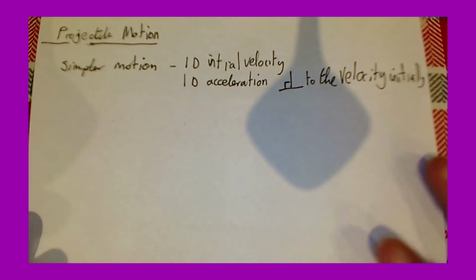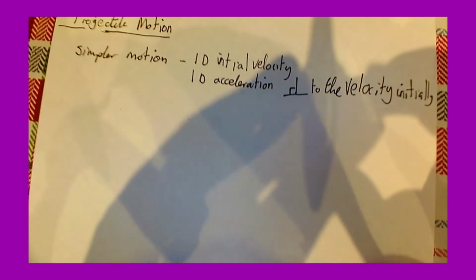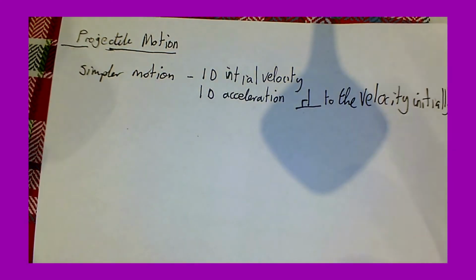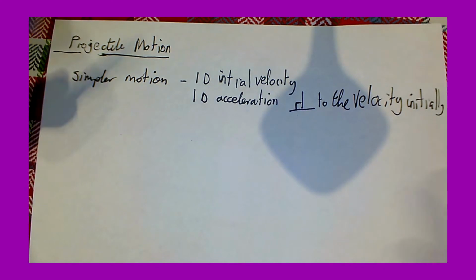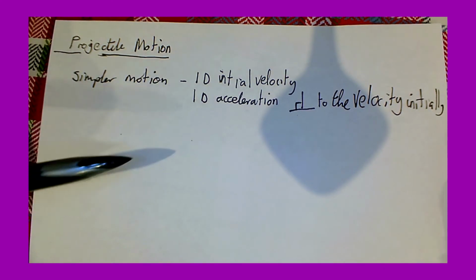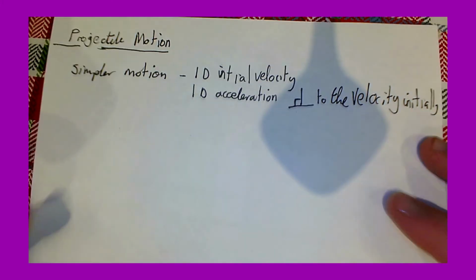So this is where we're starting. So we've got 1d initial velocity and a 1d acceleration, which is perpendicular to the velocity initially.